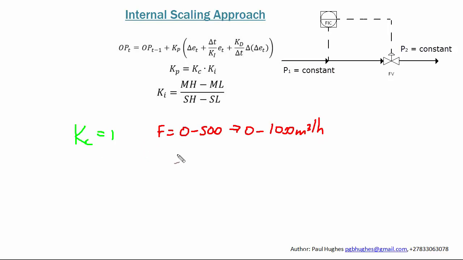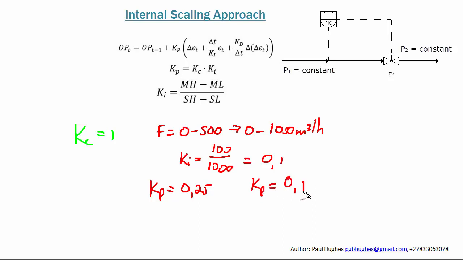The minute that is implemented on the system, the internal scaling factor changes. It's now 100 divided by 1000, which gives 0.1. So we've gone from 0.25 to 0.1. The original kp was 0.25 for a kc of 1, and the new kp is going to be 0.1.